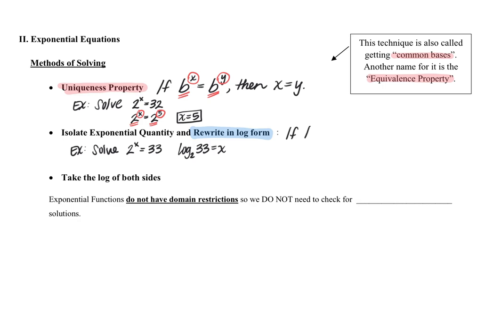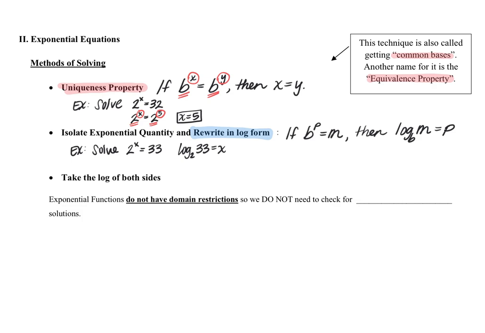If you have some base raised to a power, I'll write my power as p, and if that is equal to, we'll just call it m, and we cannot get the bases to be the same, then when we rewrite this in logarithmic form, we will have log base b of m is equal to the exponent, which is p. We can solve for the exponent by rewriting the equation in logarithmic form.